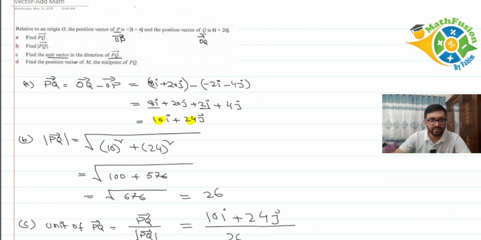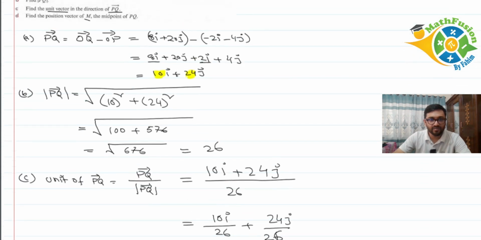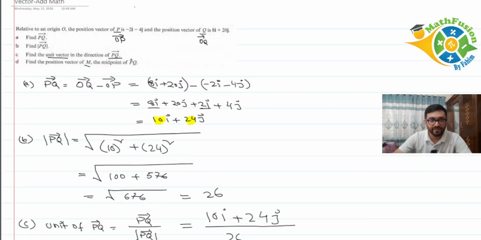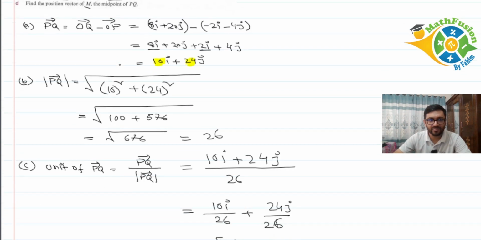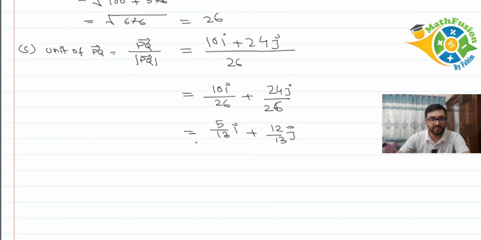Okay, and the position vector of M is the midpoint of PQ. So for the midpoint of PQ, if we add the points P and Q and divide them by 2, we'll get the midpoint. So the midpoint is OM, right? It equals OP plus OQ over 2.